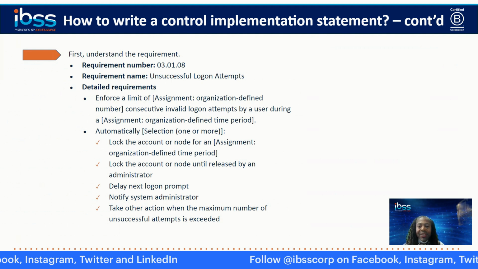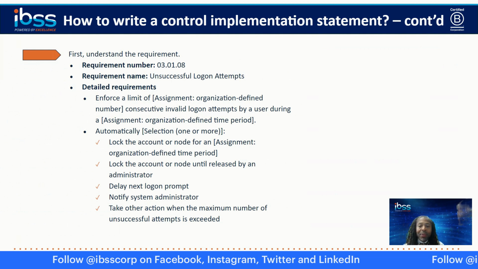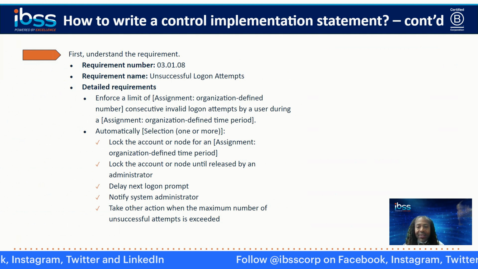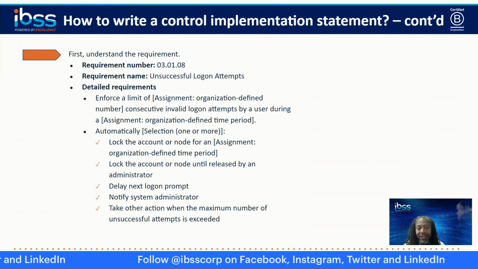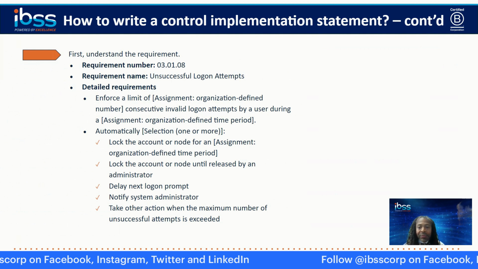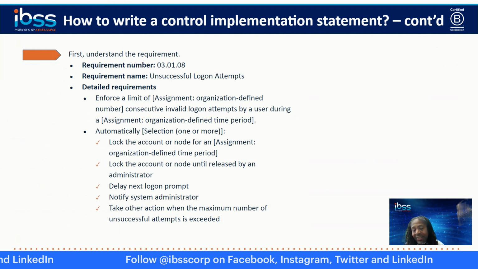It must either lock the account or node for a period of time that you define, lock the account or node until an admin unlocks it, delay the next logon prompt, or notify the system administrator or take some other action when the number of unsuccessful attempts is exceeded.